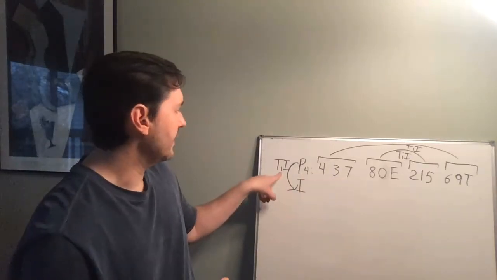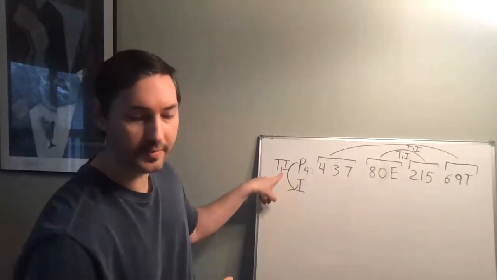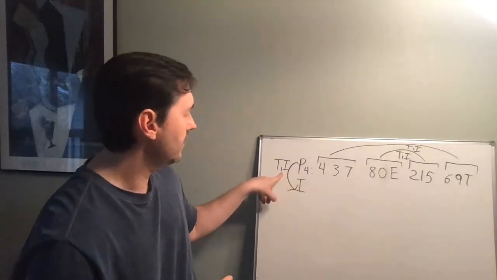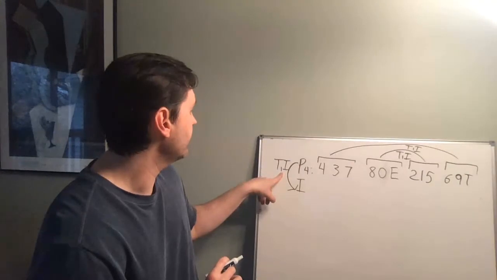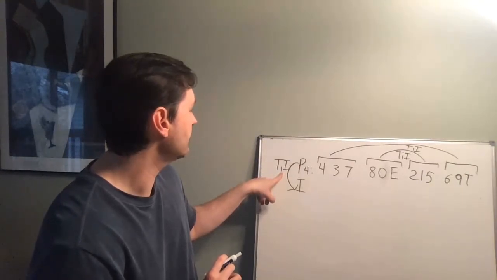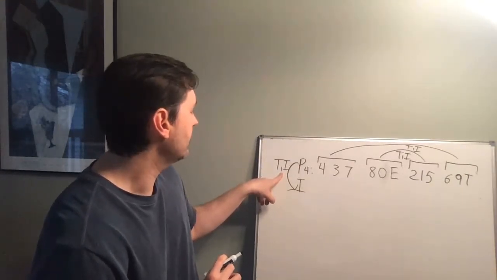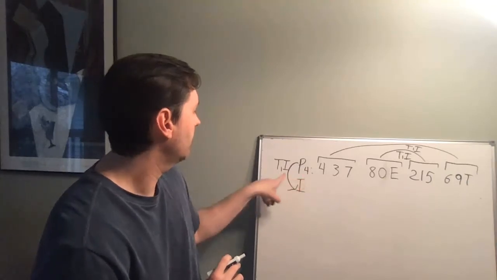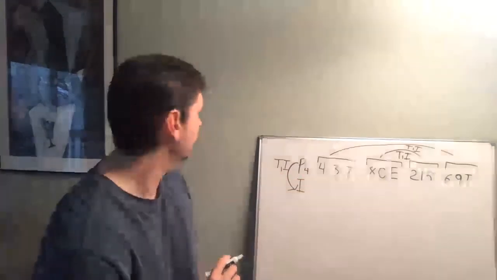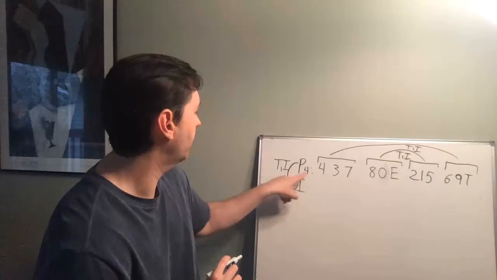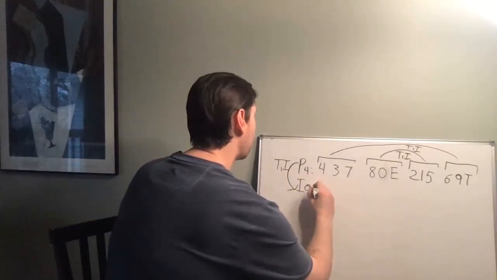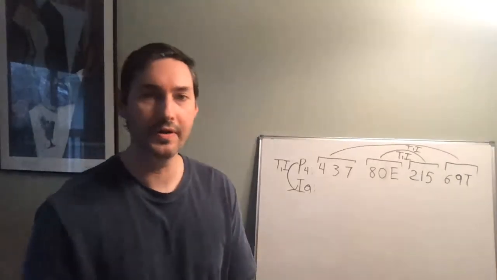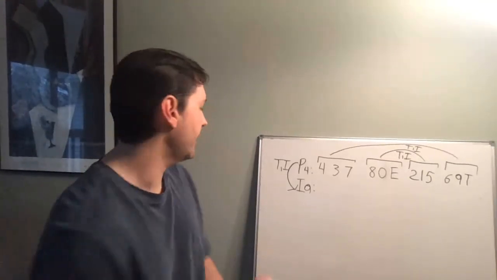And remember, if it is a 1 here, if it's the inversion, that means that that is the sum. So basically I need to think about what would sum with 4 to get 1. Now, what would sum with 4 to get me 1? Well, the answer would be 9.